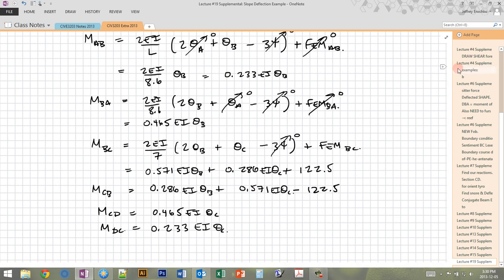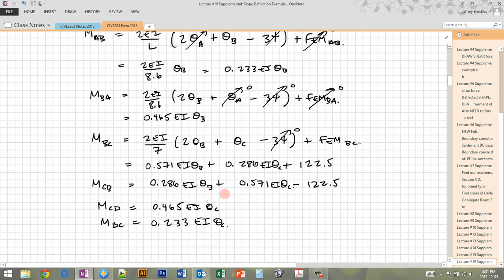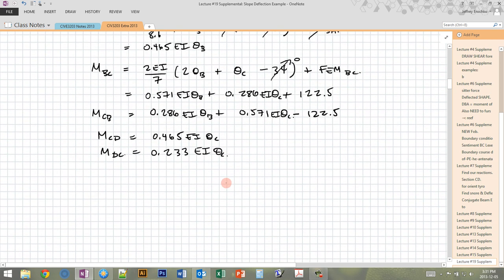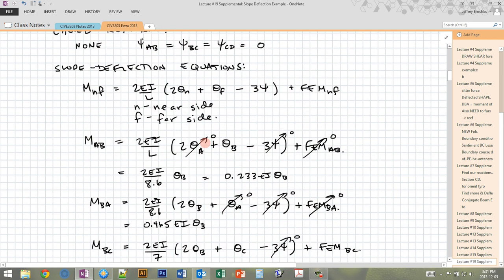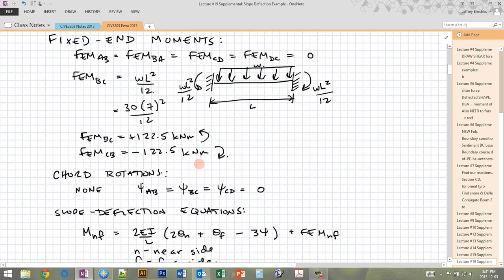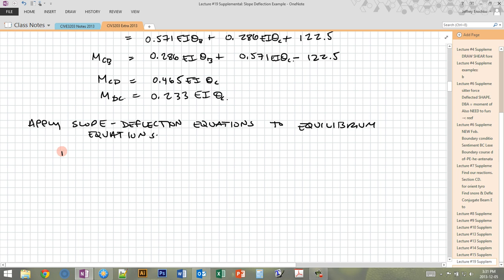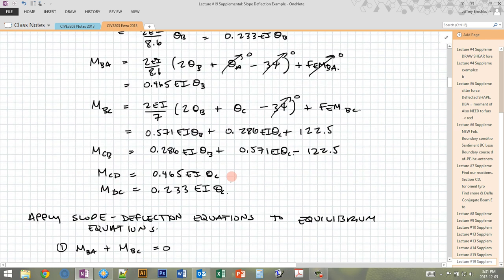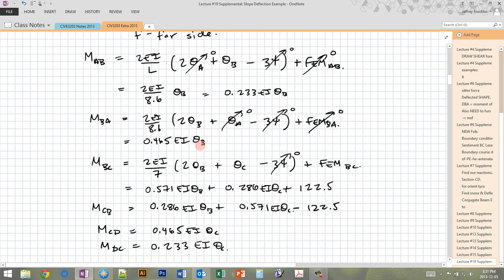So now that we have all of our slope deflection equations, which give us the moment at the end of each member based on the rotations at the end of the member, now I can apply those slope deflection equations to the equilibrium equations. So you'll recall that we have equilibrium equations up here, MBA plus MBC and MCB plus MCD, both equal to 0. So if I start with the first one, I have MBA plus MBC equals 0, and I go up to my slope deflection equations, and I find this, and I plug it in.